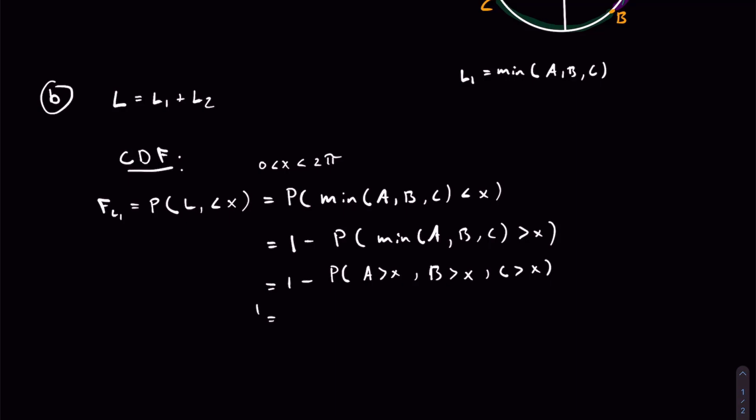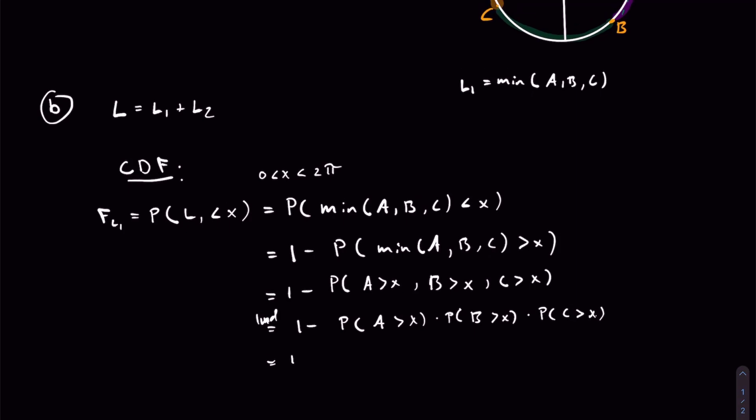And now we use independence. Probability of A larger than X, probability of B larger than X, probability of C larger than X. All right. And now we ask, what is this probability here?